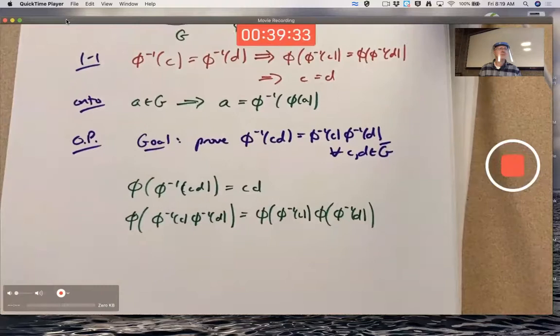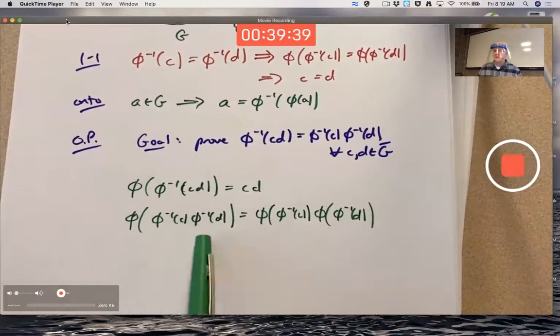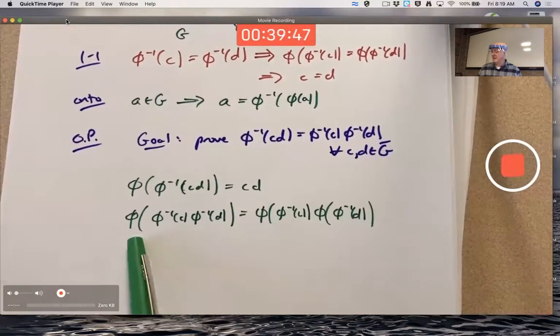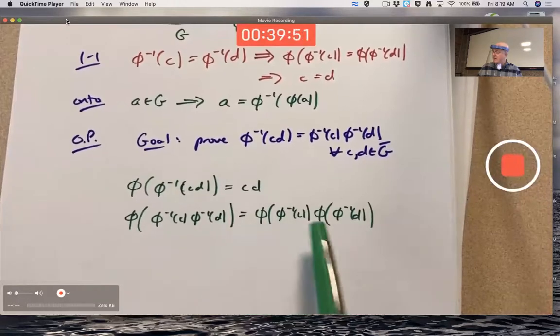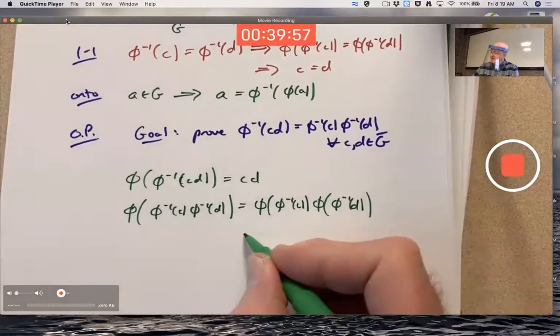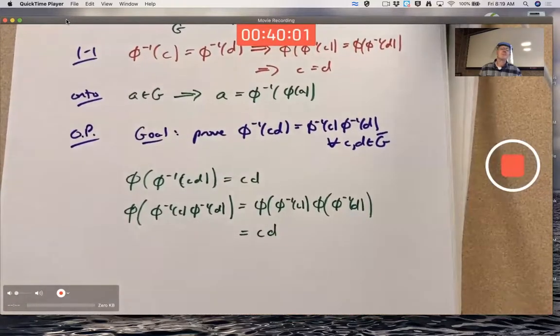Lots of symbols. Make sure you understand the meaning. This is phi of the product of two elements that are in G that are written as outputs of phi inverse. Phi is operation preserving. We're assuming that, therefore it equals the product of phi of those individual elements. Now use the fact that phi and phi inverse are inverses to simplify this to CD.